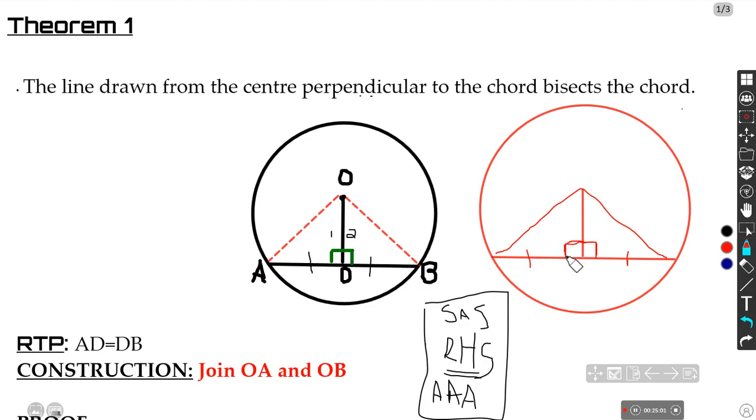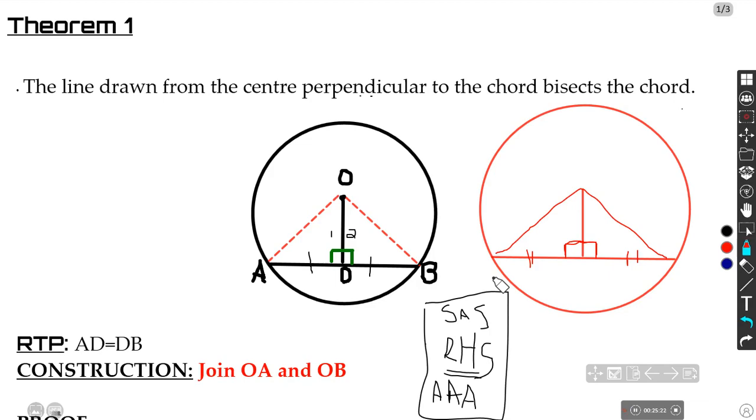And what does it do? Remember, bisects means it cuts into equal halves. It bisects the chord, right? Then you know this side has to be equal to that side. And then OA, this side, is going to be your radius.